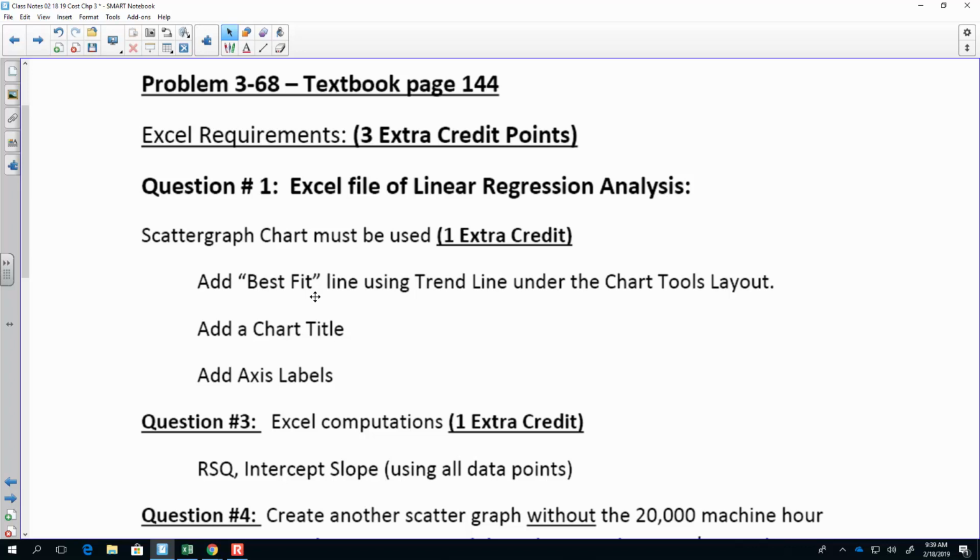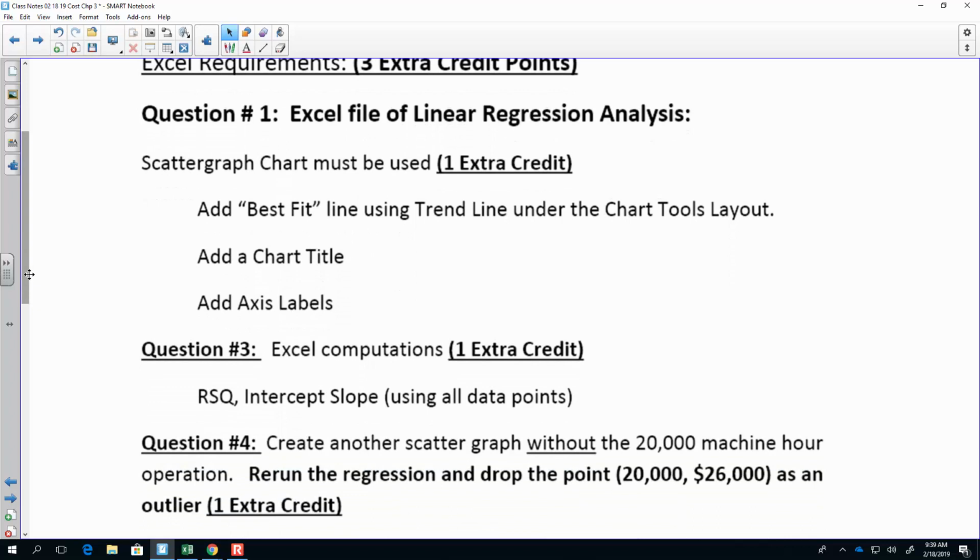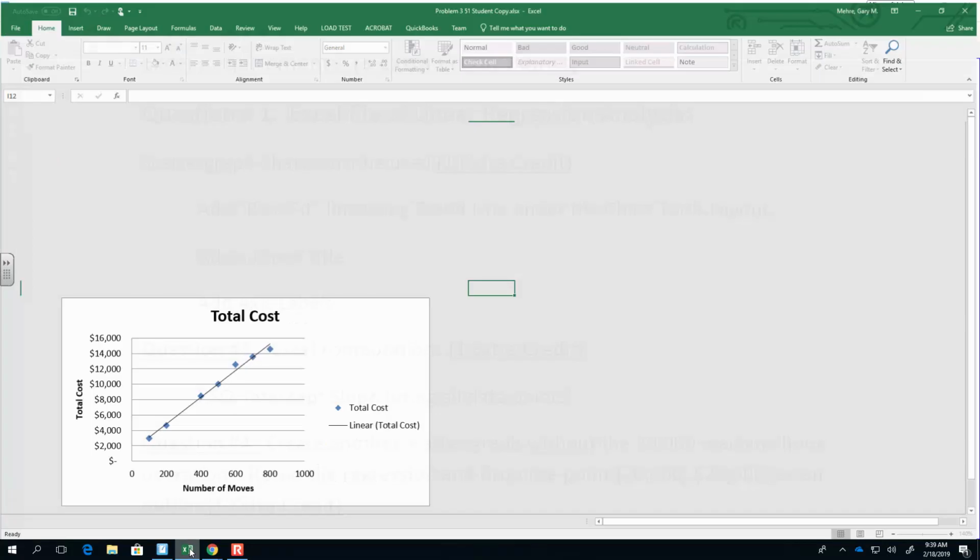Also, for Chapter 3, I made available 3 points for extra credit. You don't have to do this, but I would like you to, because it's just more practice with Excel. It's the 25-point problem using the Excel program to answer the least squares regression problems.